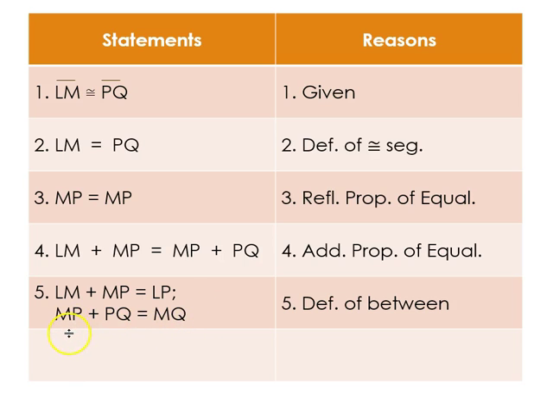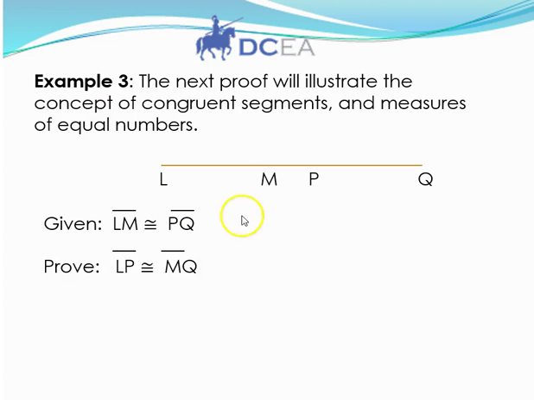In our fifth statement, we're going to use the definition of between to move these segments over, getting ready for our conclusion. Let's go back up to the original drawing, and what it's going to ask us is, it's going to say LM plus MP equals LP. So LM plus MP equals this whole segment LP.